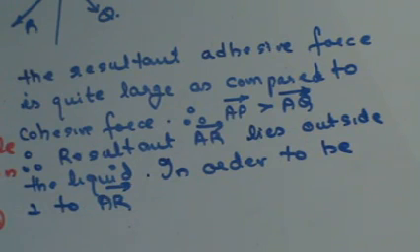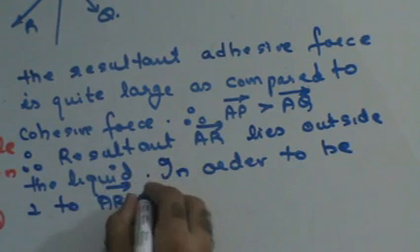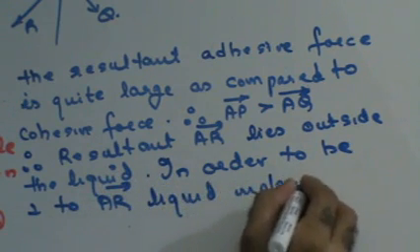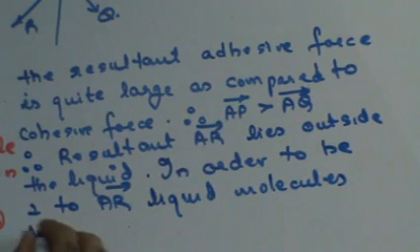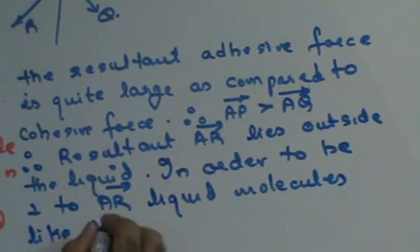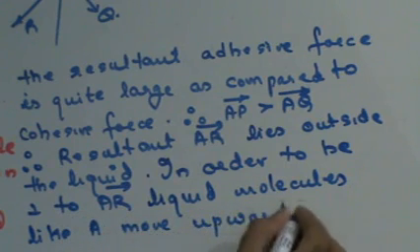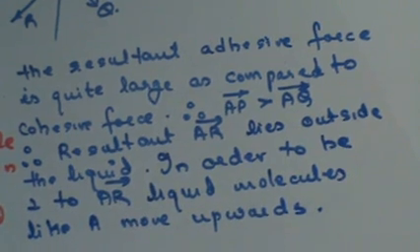In order to be perpendicular to AR vector, the liquid molecules like A move upwards, right?